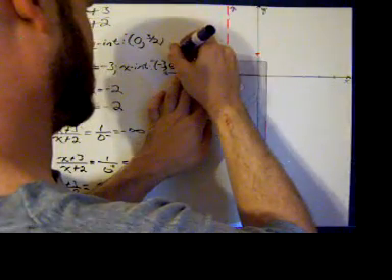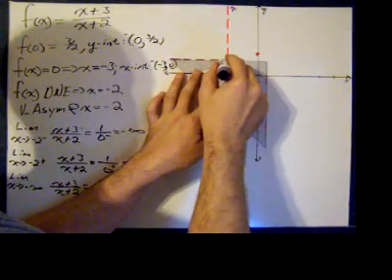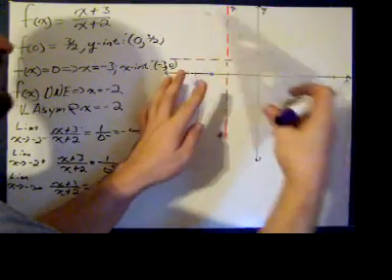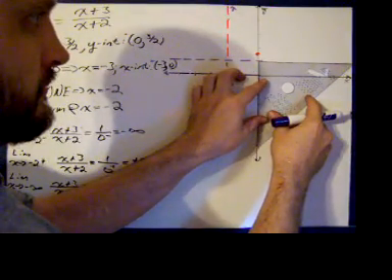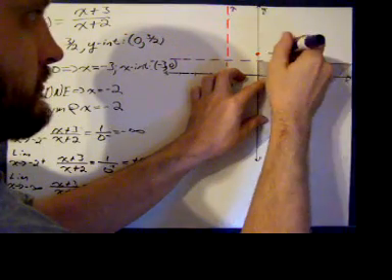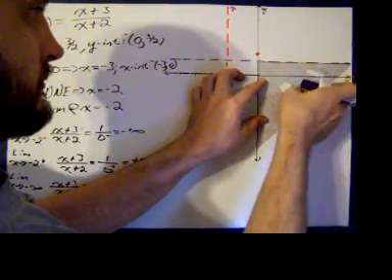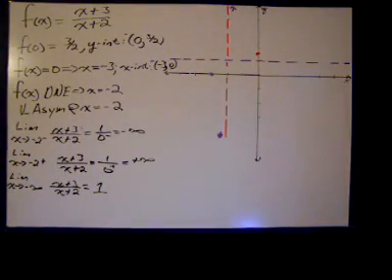Oops, let me get my head out of the way. Just get it on the other side. And so we have our horizontal asymptote, at least in one direction, but we're about to find out that it goes in the other direction too.